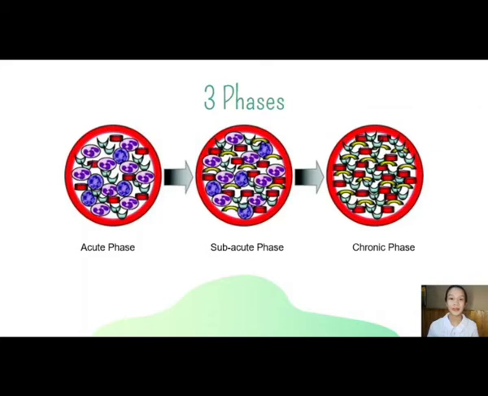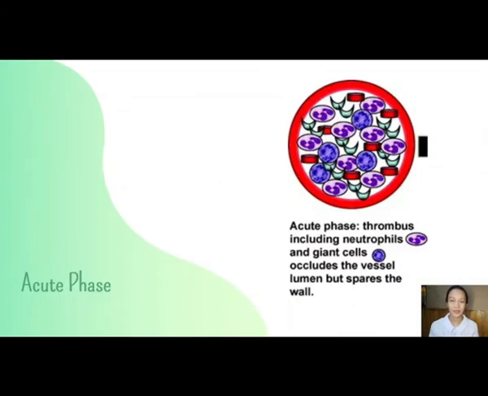Next, we have the three phases of Buerger's disease, namely the acute phase, subacute phase, and the chronic phase. First, let's discuss the acute phase. It is comprised of occlusive, highly cellular inflammatory thrombi. The external lamina of the vessels of the distal extremities are usually affected first by the inflammatory thrombi.